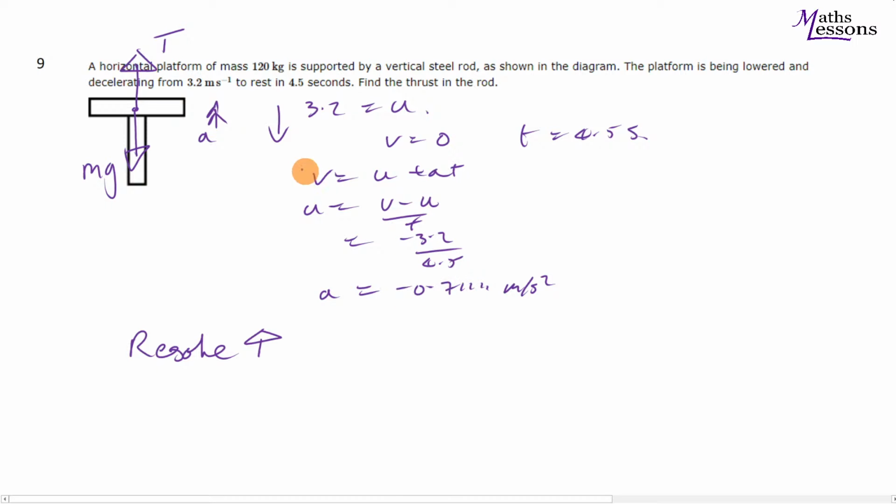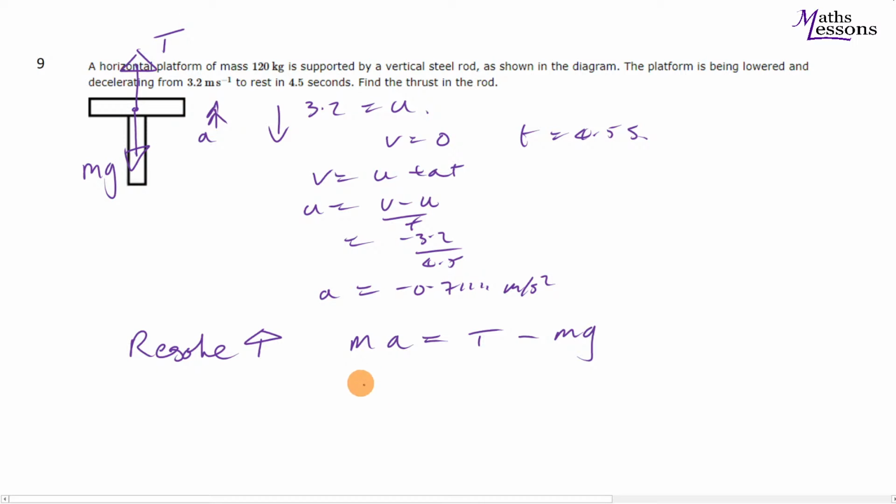As this is negative in this direction, it's going to be positive in that direction. So we're going to have ma will equal T minus mg. So remember, because the velocity down was positive, the a became negative, which means it's going up. So if ma is going up and being positive, then T minus mg will give me my resultant force, ma.